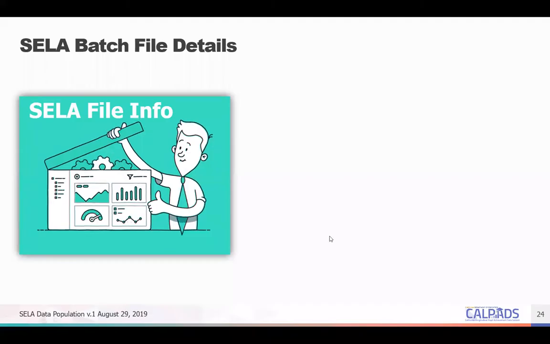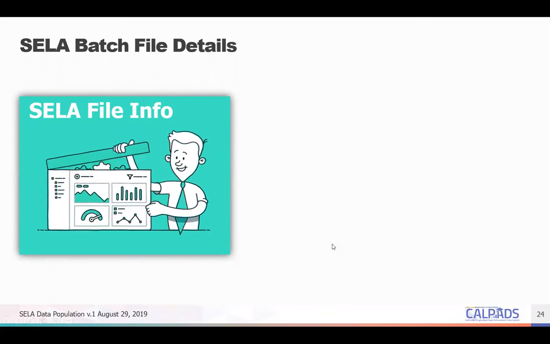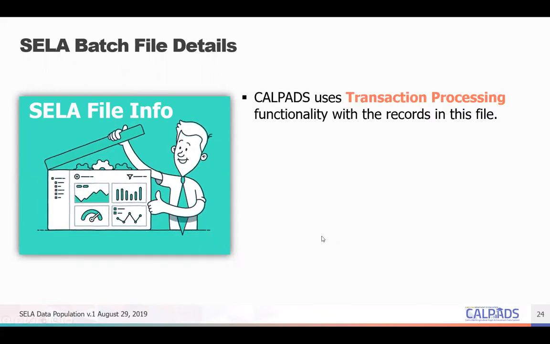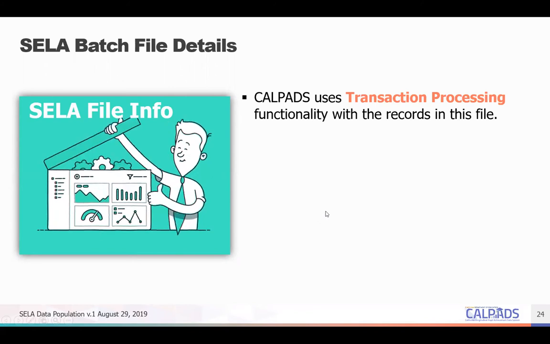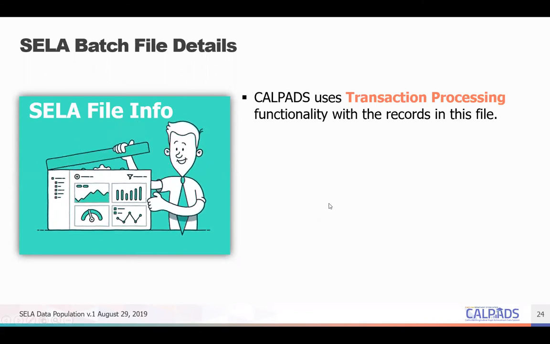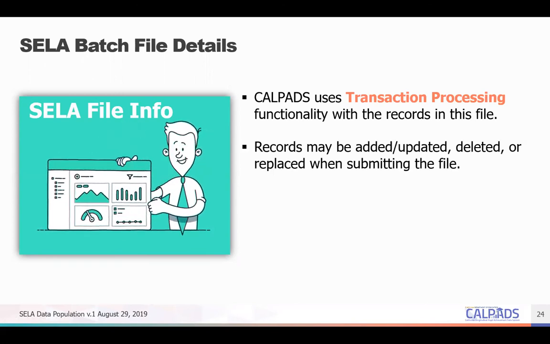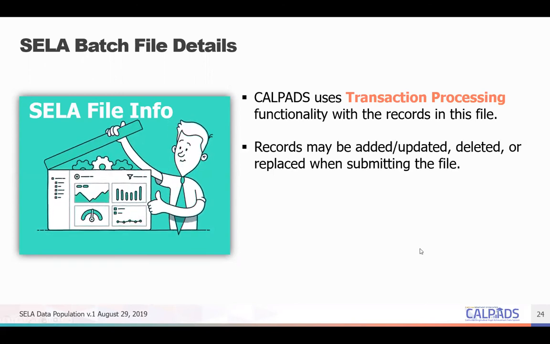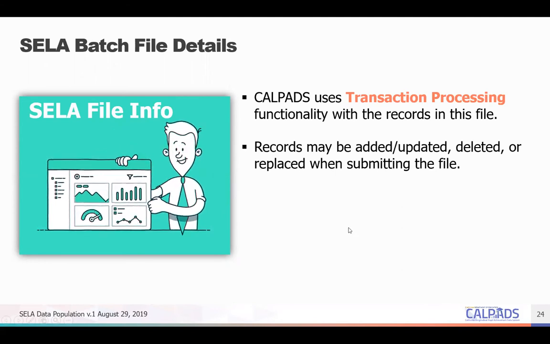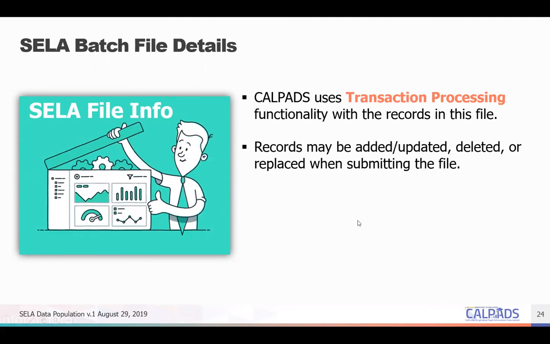So let's discuss the SELA batch file details. The file uses transaction processing when uploading the file to CalPADS, and the records may be either added, updated, deleted, or replaced when submitting a file.